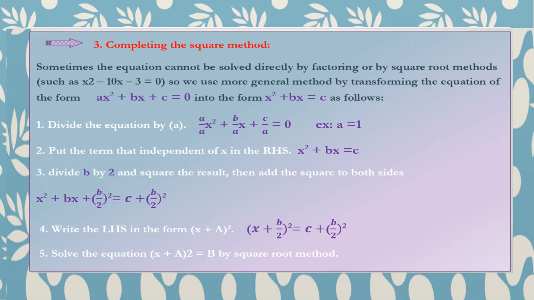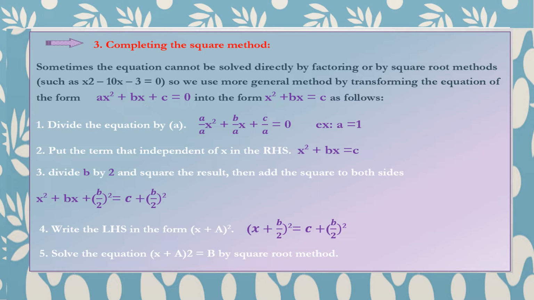Let's start with the completing the square method. Sometimes the equation cannot be solved directly by factoring or by the square root method, such as x squared minus 10x minus 3. This quadratic equation cannot be solved using the factoring or square root method.